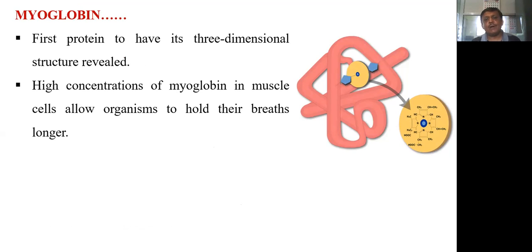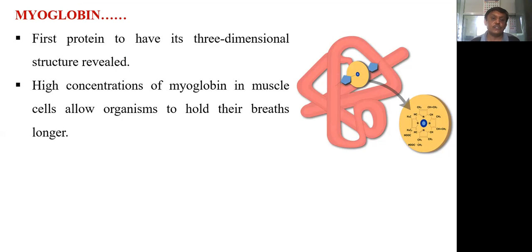High concentration of myoglobin in the muscle cells allows the organisms to hold their breath longer. Therefore, the occurrence of myoglobin is higher in aquatic mammals, which are present in water.